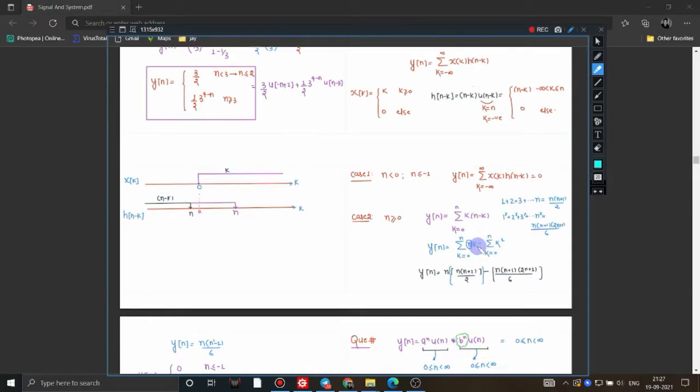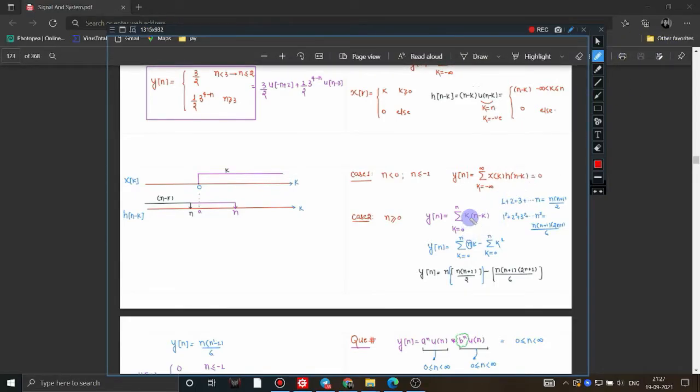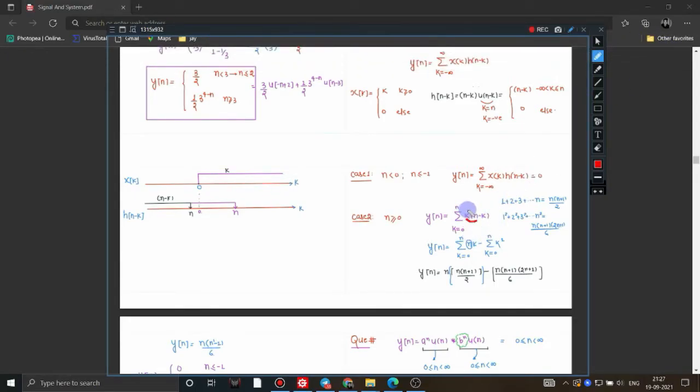Okay, so we multiply this k to n and this n, and the first term we get is nk, and minus this k square. So n is constant, so we take it outside, and this k is just like this addition, so we write n plus 1 by 2.